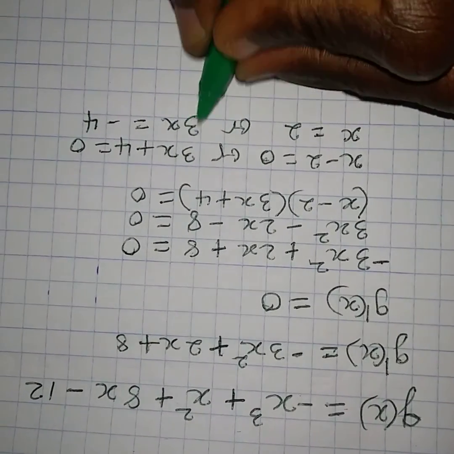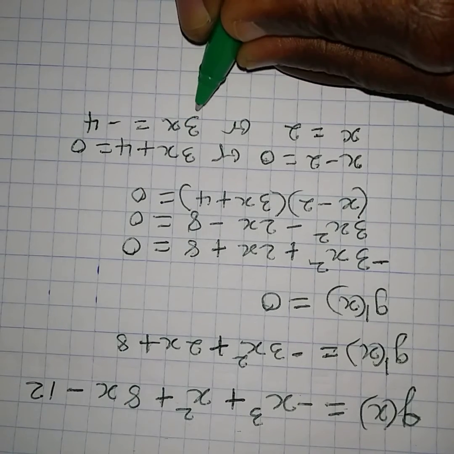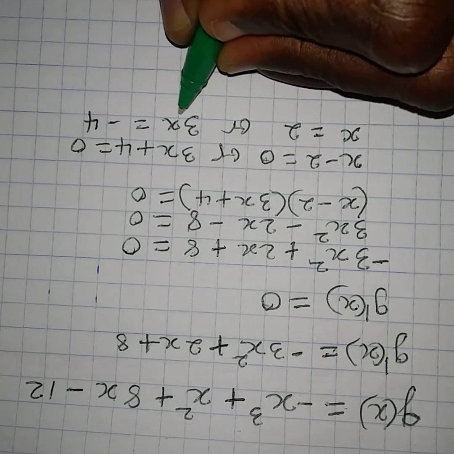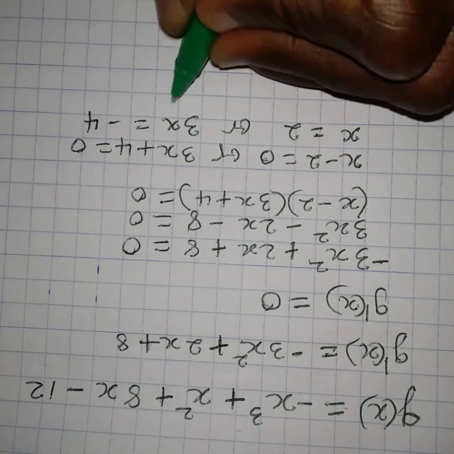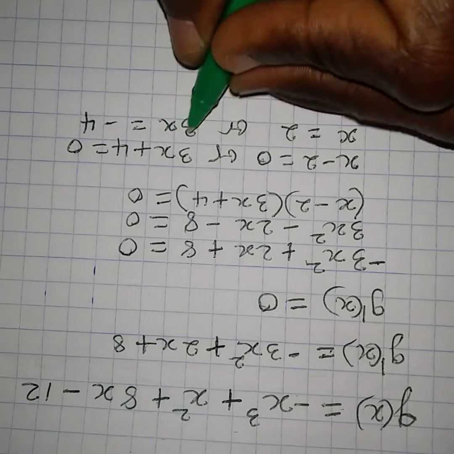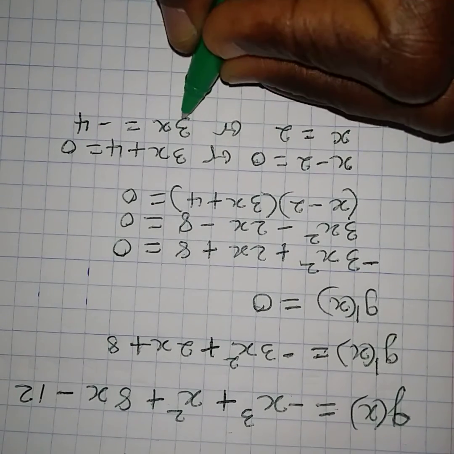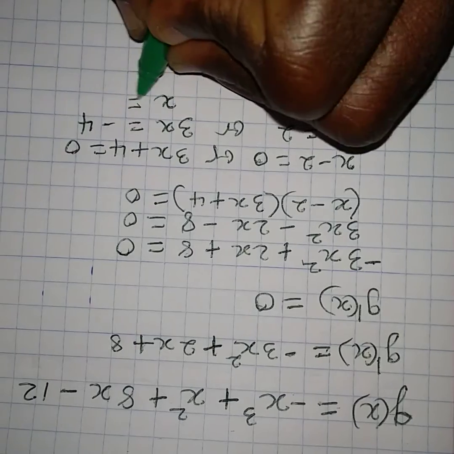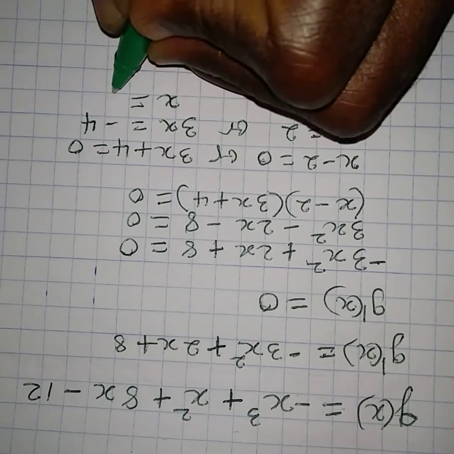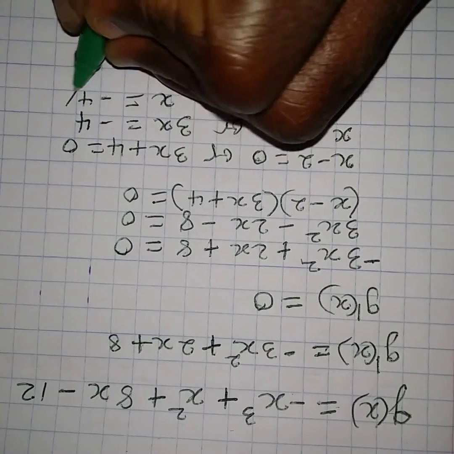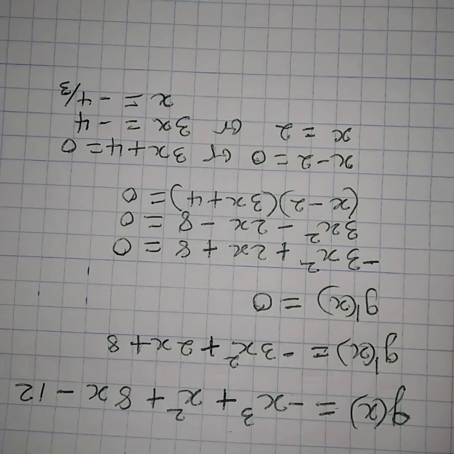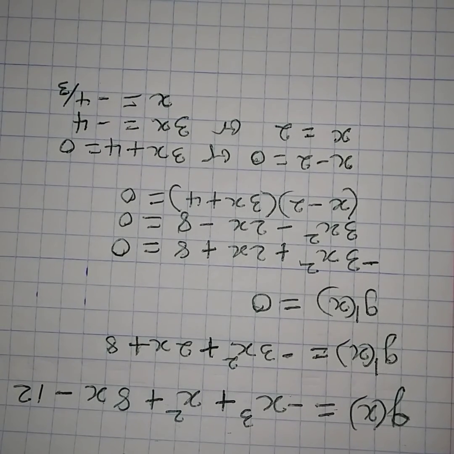So we have 3x here. The 3 is multiplying x, and the inverse operation for multiplication is division. So it means we are dividing both sides by 3. Therefore, if we divide this by 3, it gives us x, and we divide this by 3, we get negative 4 over 3.